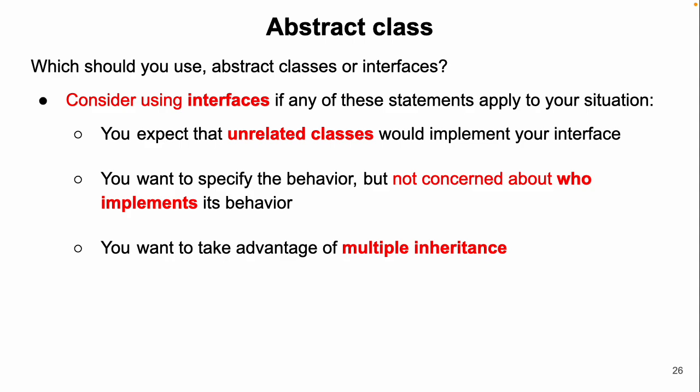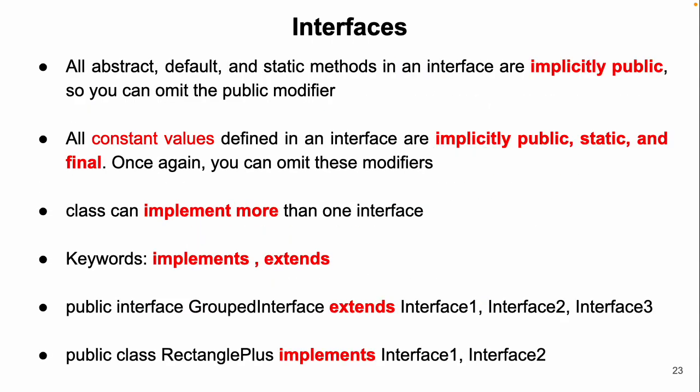Using classes in Java, we cannot achieve multiple inheritance, but using interfaces, we can achieve multiple inheritance, because while seeing the interface, we have seen that here I am trying to implement interface 1 and interface 2 in the class Rectangle.